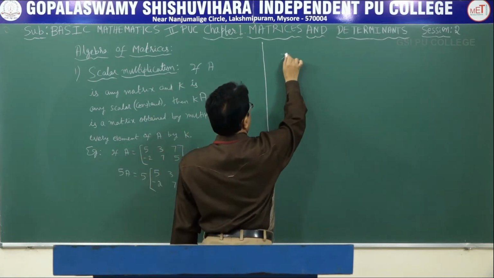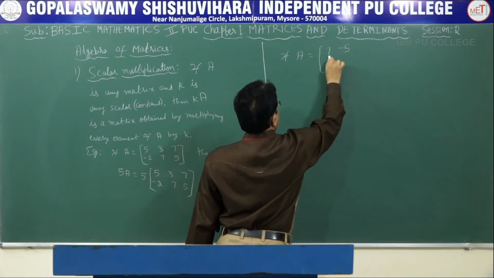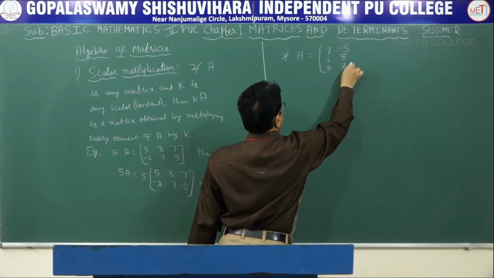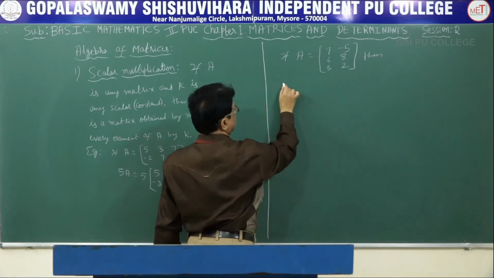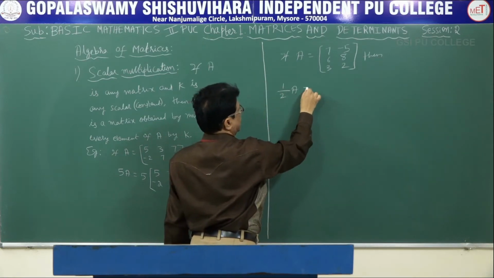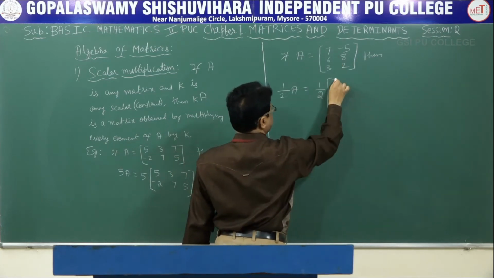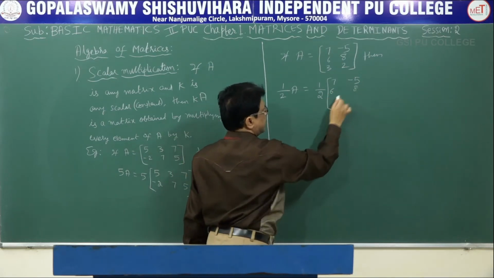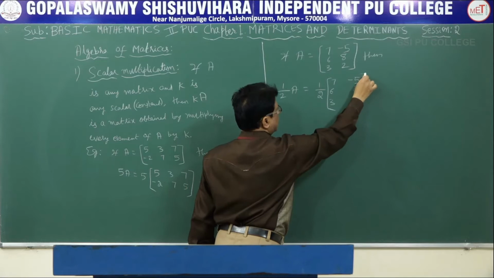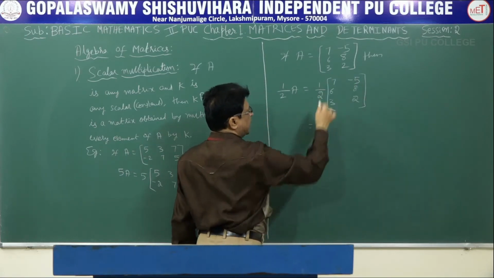Next example, if A equals 7, -5, 6, 8, 3, 2, then half A will be equal to half into matrix A, that is 7, -5, 6, 8, 3, 2. Half should be multiplied to every element of this matrix.